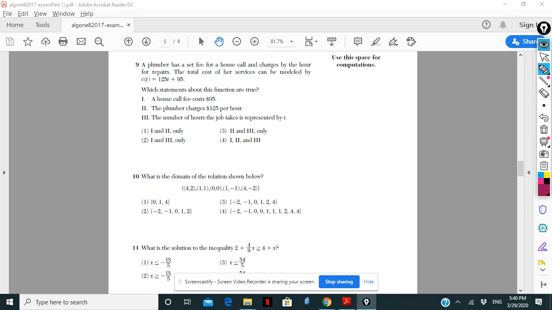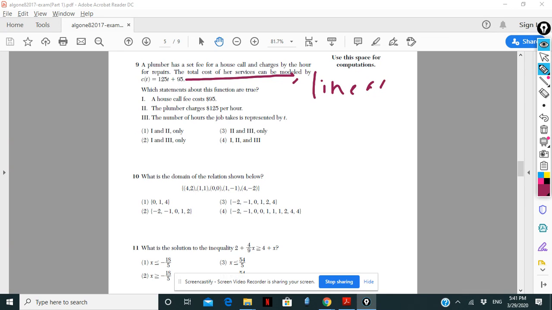Question number 9. Now, a plumber has a set fee for a house call and charges by the hour for repairs. The total cost of her services can be modeled by C(T) equal to 125T plus 95. So first, that's linear.